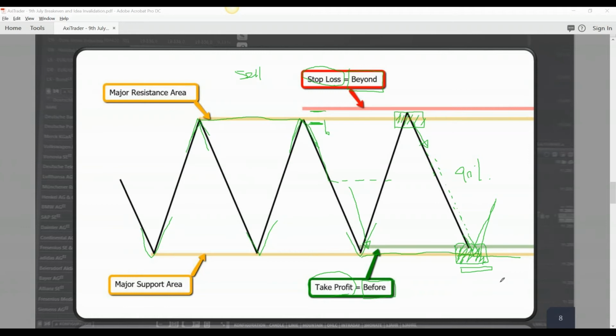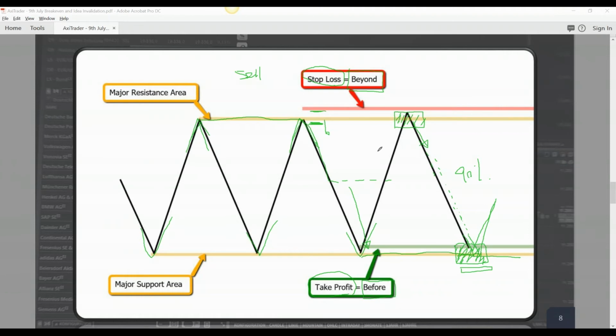And that is one of the primary reasons why many people complain, oh my goodness, my broker is trading against me. It almost reached my take profit and it went in the other direction. And it almost reached my stop loss, it touched my stop loss and then it reversed.